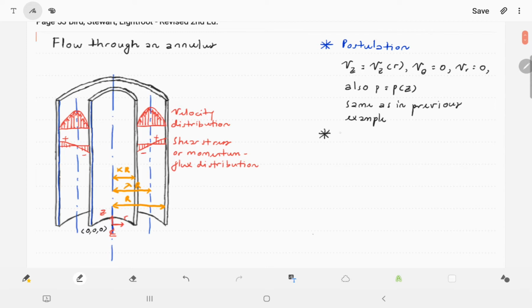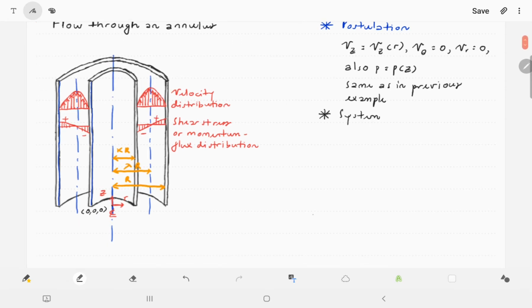Our system is basically the same as the system in the previous example. So it's a cylindrical shell of fluid as in the previous example.